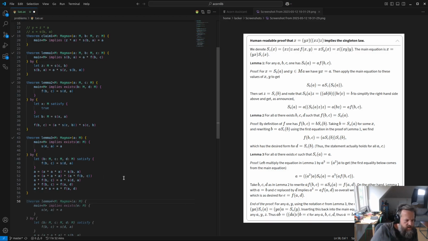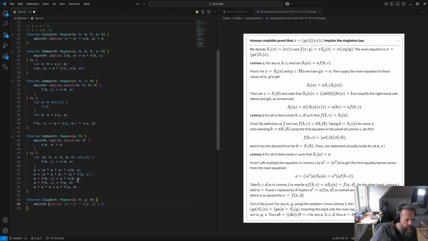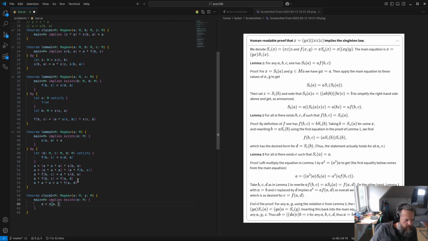Okay, so let's see. So for any A and Y, and M implies this. A equals SAY equals SAY.